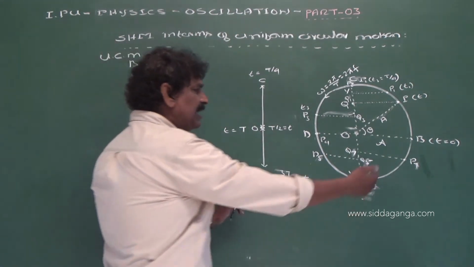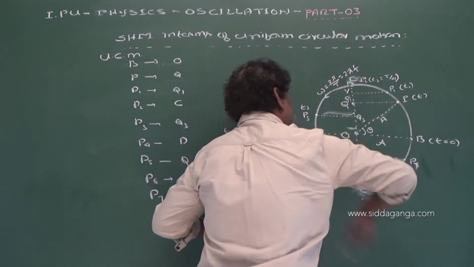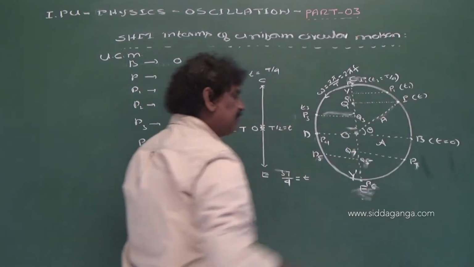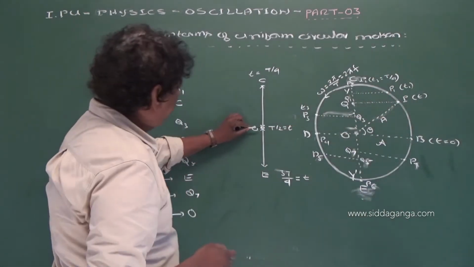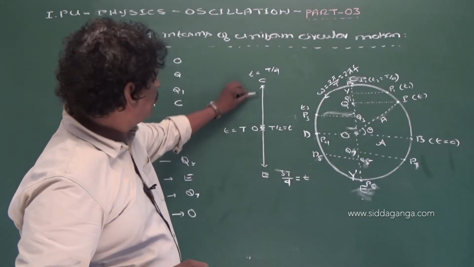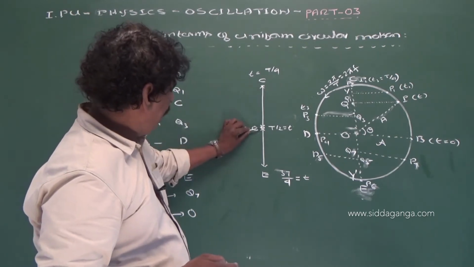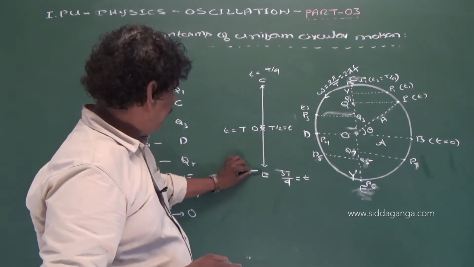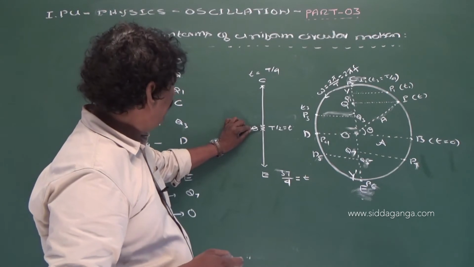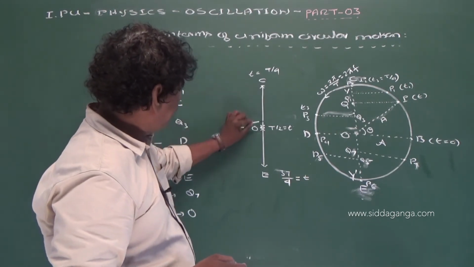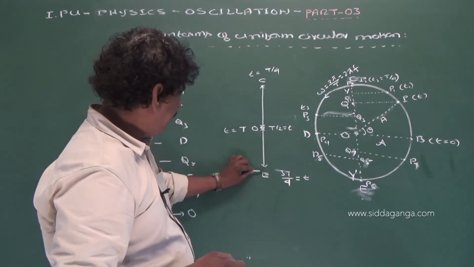Again, let us imagine that. Now it starts moving continuously along this line. Now this point moves to C, C to O, O to E, E to O. Again O to C, C to O, O to E, E to O.